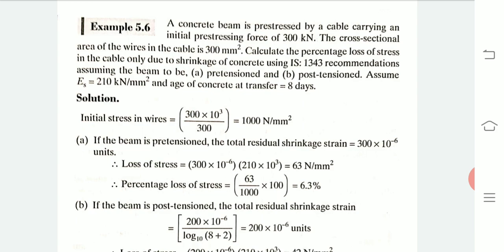Therefore, percentage of loss of stress is loss in stress divided by initial stress into 100. The loss of stress was 63. Initial stress in wires is 1000. When we multiply it by 100, we get a loss of 6.3%.